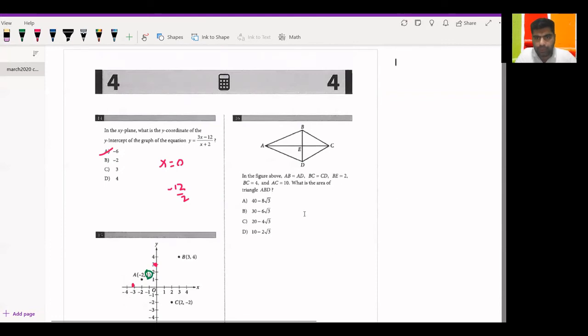Number 16. AB, AD, BC, CD. They are equal. BE is 2. So if they are equal, I'm pretty sure BE and ED are equal because ABD is an isosceles triangle.